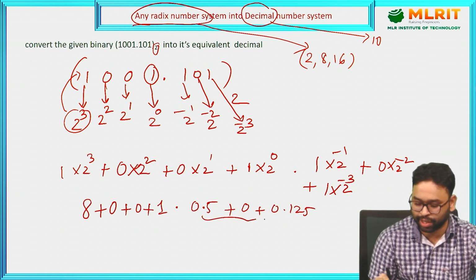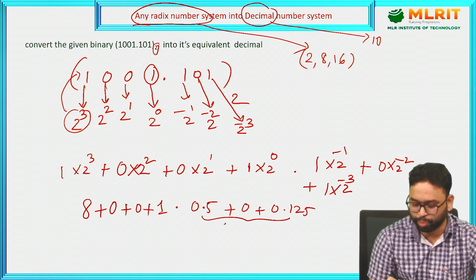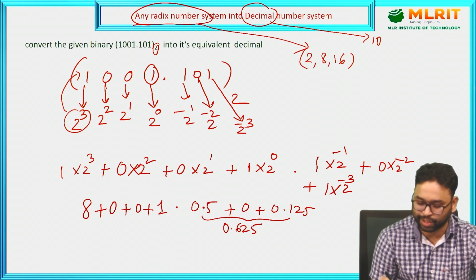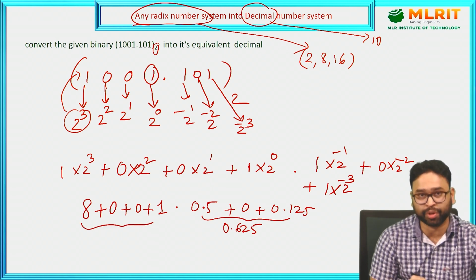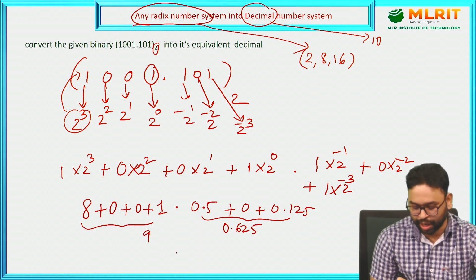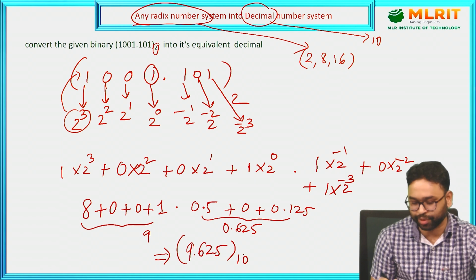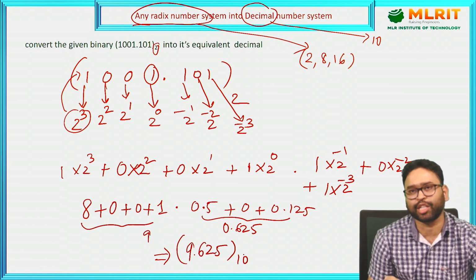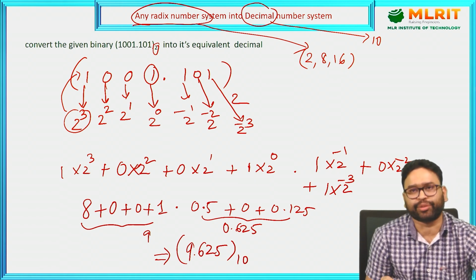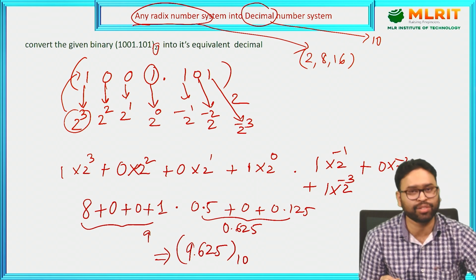The total value of the fractional part will become 0.625. The total value of the integer part will become 9. The entire value can be represented as 9.625 in decimal, and this is the equivalent decimal value for the given number.